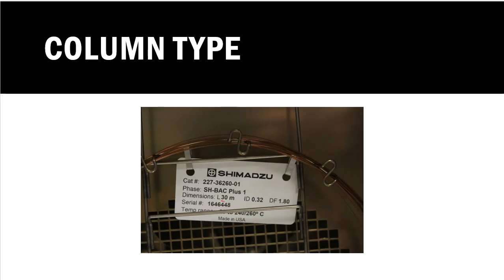The dimensions are 30 meters. So yeah, 30 meters long. One meter is the floor to your waist, times 30. And the ID is 0.32 micrometers. And the serial number is 1646448. And we can go to 240 to 260 max with that column.